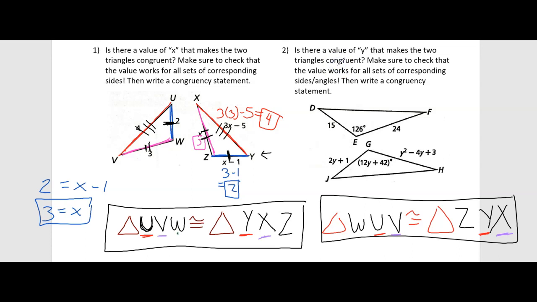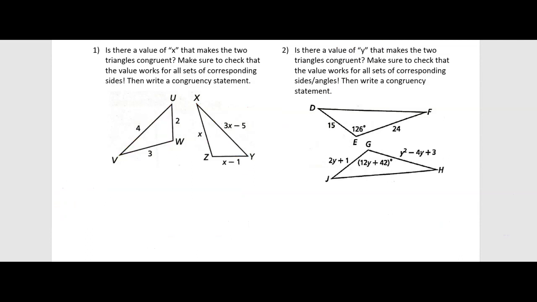And then we have W and Z, third place in the first statement and first place in the second statement. There's other combinations that we could do, right? As long as those letters both match up, right? So U and Y always have to match up regardless of what spot they're in. All right, let's do one other type of problem.